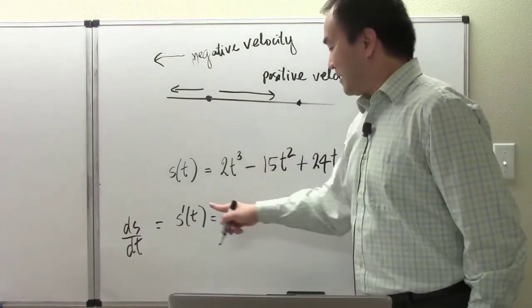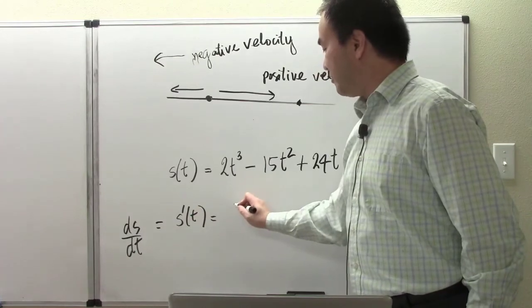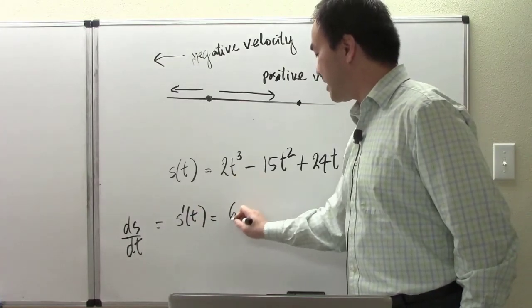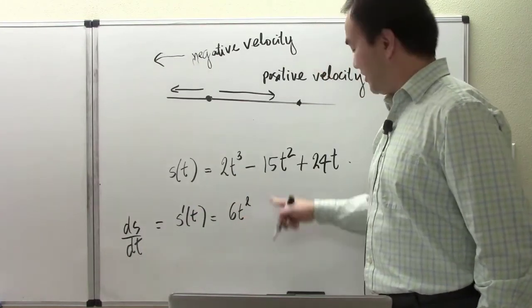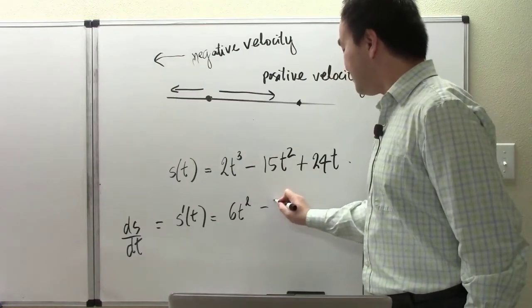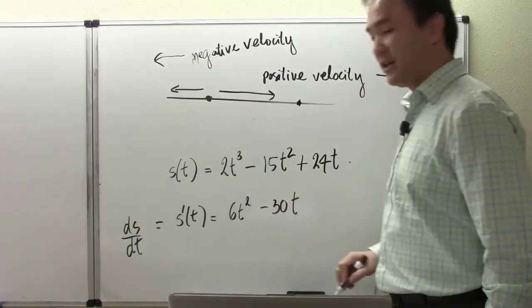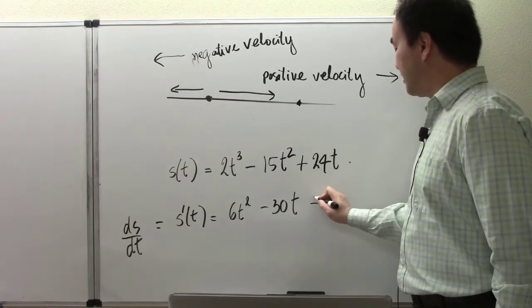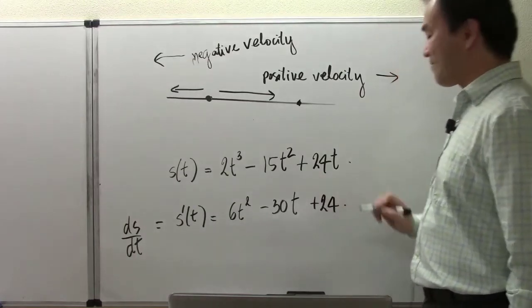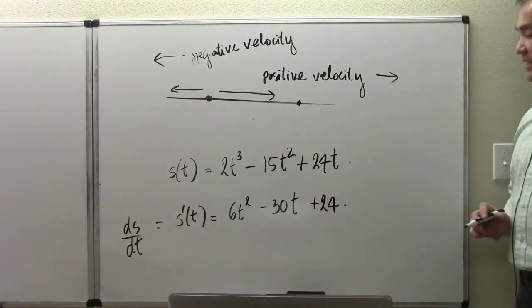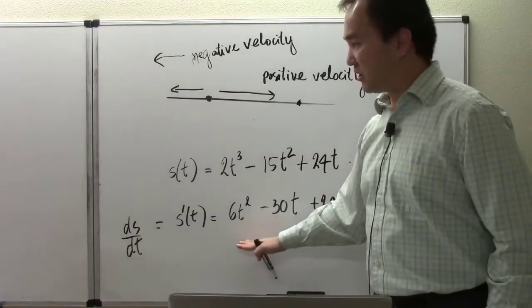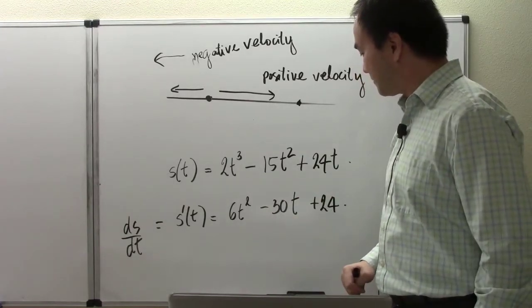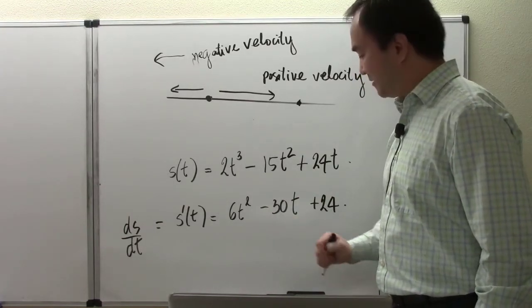And so s prime of t now is going to be: first term becomes 6t squared, second term becomes 30t, and last term becomes 24. Okay, all right, and so now that's our function. I mean, that's the velocity function.